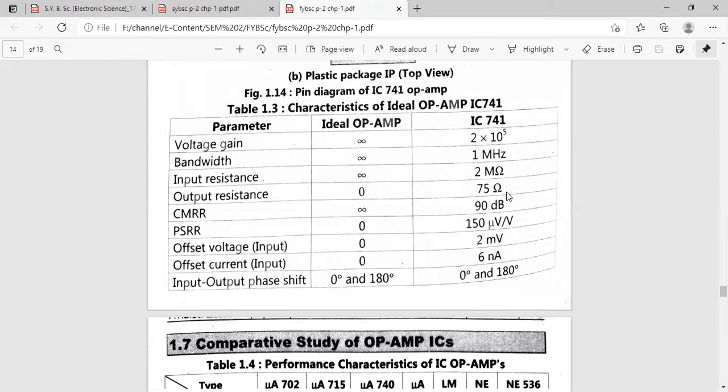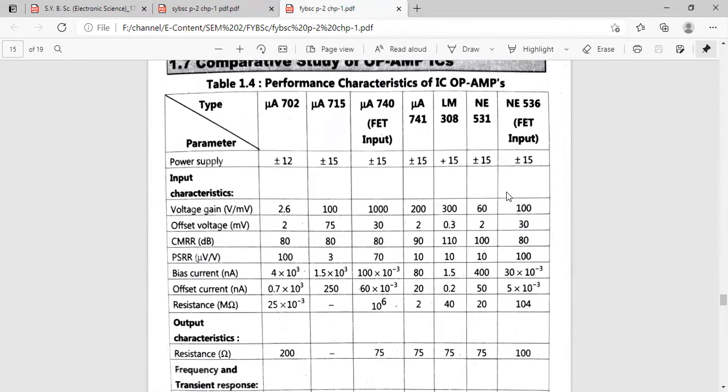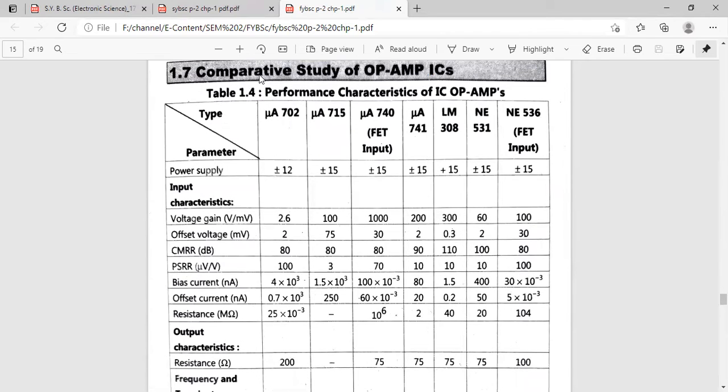After that, there are some performance characteristics of IC op-amps: a comparative study of op-amp ICs. There are multiple operational amplifier ICs available. How are all these ICs reacting to a particular input condition or particular ideal characteristics? So these are the different types of operational amplifier ICs: Microampere 702, 715, 740, which are FET input.